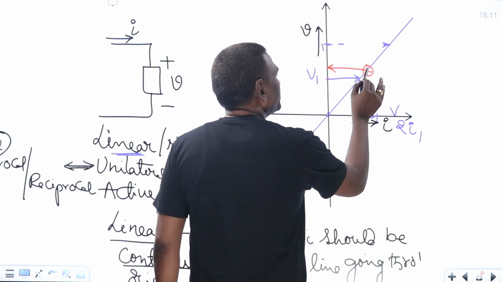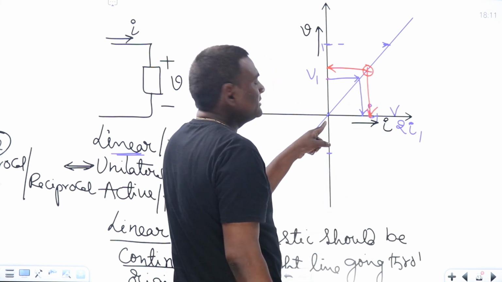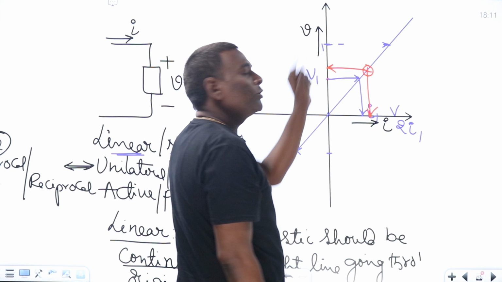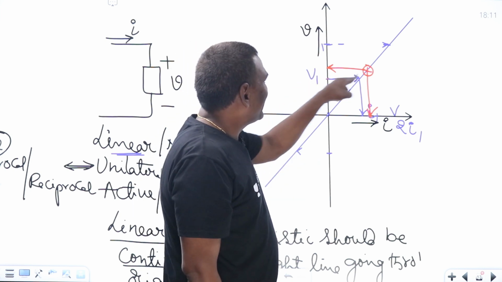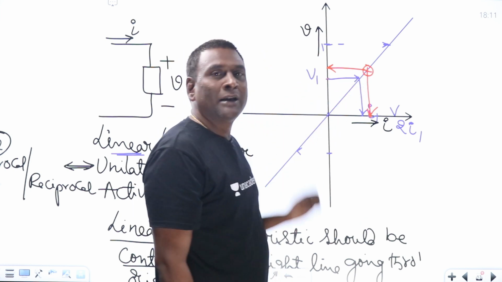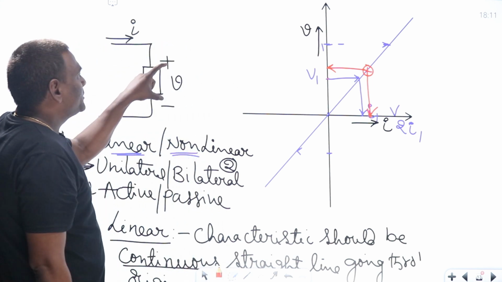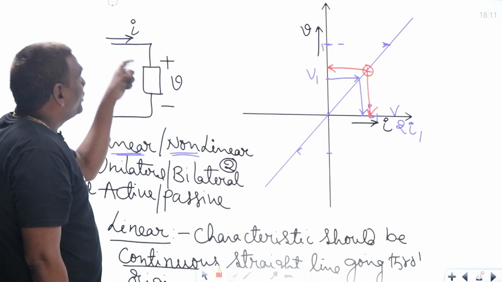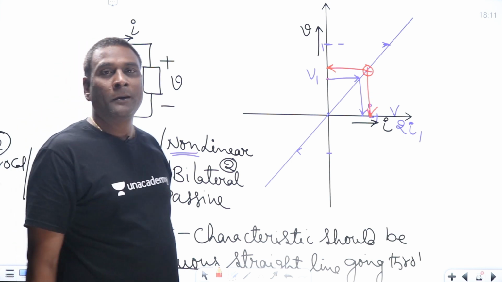Then what is going to happen at this operating point? Voltage magnitude is positive, current magnitude is positive, because this is 0, 0, so this is positive Y, this is positive E, first quadrant. So voltage multiplied by current is going to be positive.